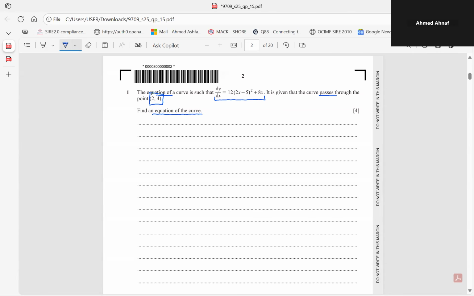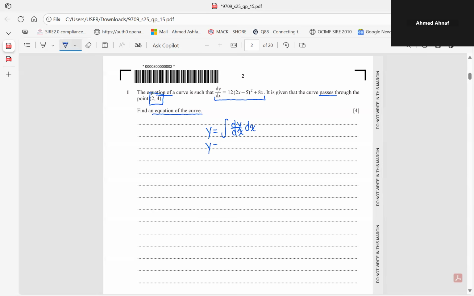Okay, so to find the equation of a curve, we're going to have to find an expression for y in terms of x. And since we're given dy/dx, we're going to have to integrate it with respect to x. So let's do that. To get y, we integrate dy/dx with respect to x.